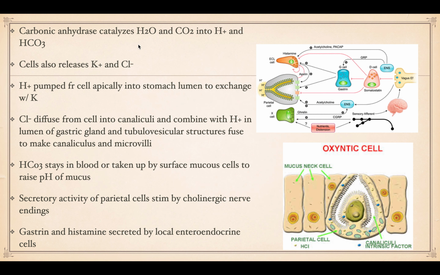Okay, so the carbonic anhydrase catalyzes water and carbon dioxide into a hydrogen ion and a bicarbonate, and those cells will also release potassium and chloride. And there is the pump.